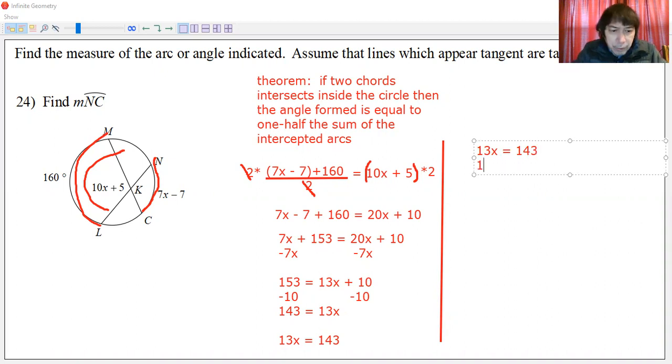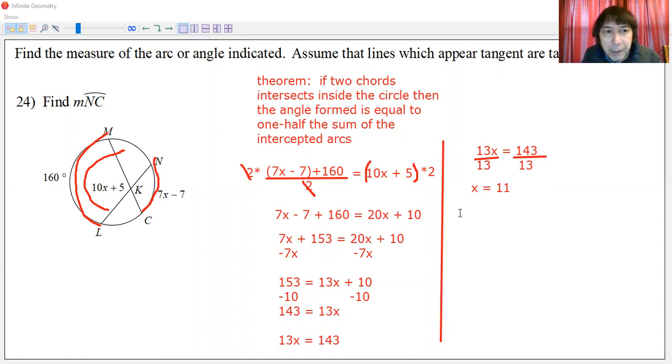We divide by the 13 and we divide by the 13. We put a division line there, and x is equal to 11. Yes, 13 times 11 is 143. So x is equal to 11, and we found our x.